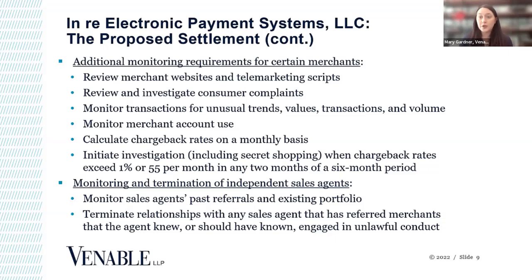They have to monitor transactions for any kind of unusual trends, you know, really high volume of transactions and then cut off after a 3-month period, or a really large transaction. They also have to monitor merchant account use. So they have to make sure that a merchant isn't opening multiple accounts, using them for short periods of time, and then closing them or letting them go dormant.